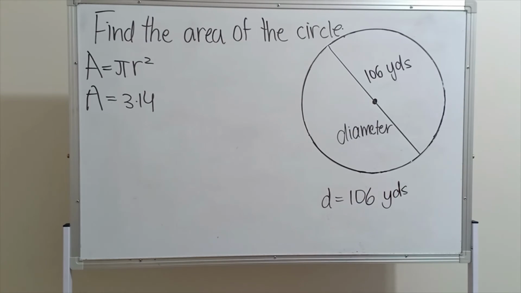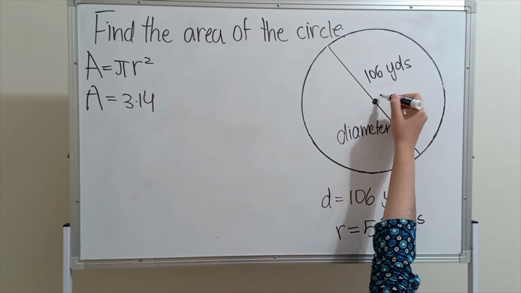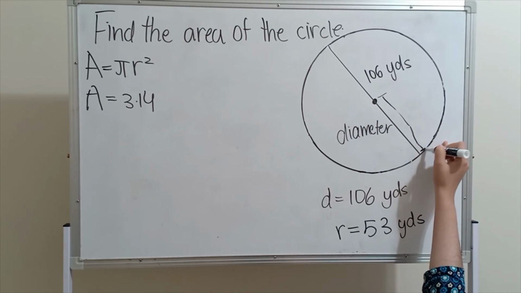Now to find the area of a circle, we need to know the r, the radius. We are going to divide 106 by 2, and if we do that, we will get our r as 53 yards. So from here to here is the radius.